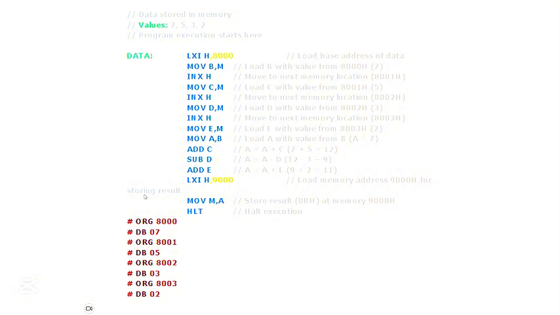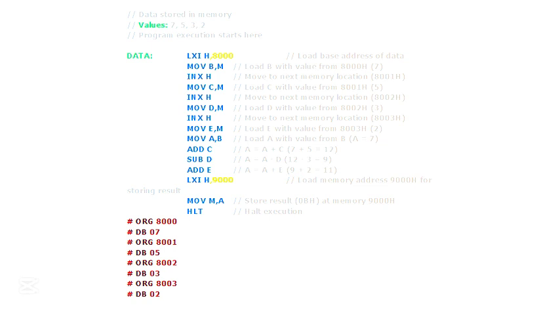Then one instruction per line. Each instruction must be written separately. Here, as you can see, there is one instruction followed by the other instruction. Next is use clear comments. Using clear and precise comments after each instruction makes it easy to understand.